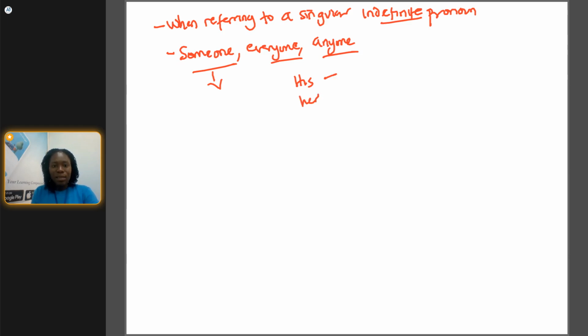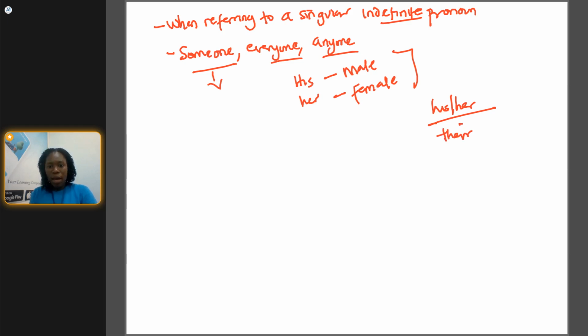You use his for male and you use her for female. So when there's no gender, it's wrong for you to use his because you don't know the gender, and it's wrong for you to use her when you don't know the gender. You can use his or her because you don't know the gender, but the most appropriate thing is to use their.